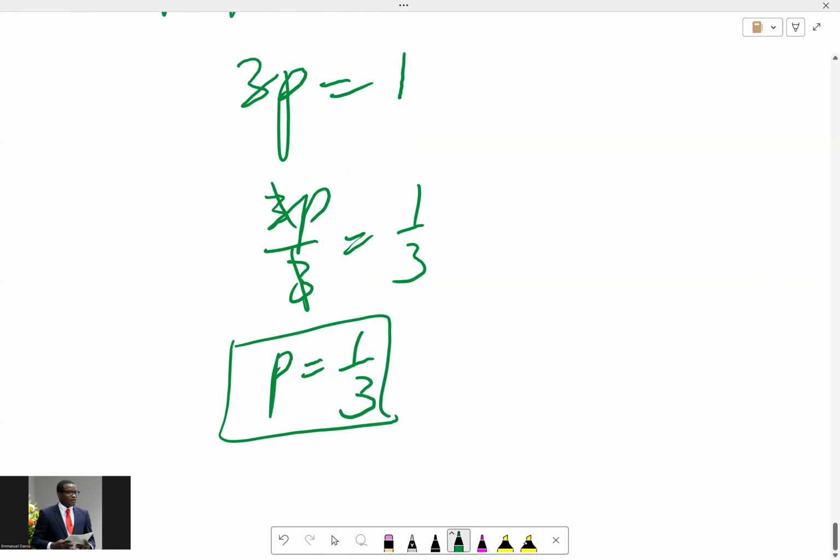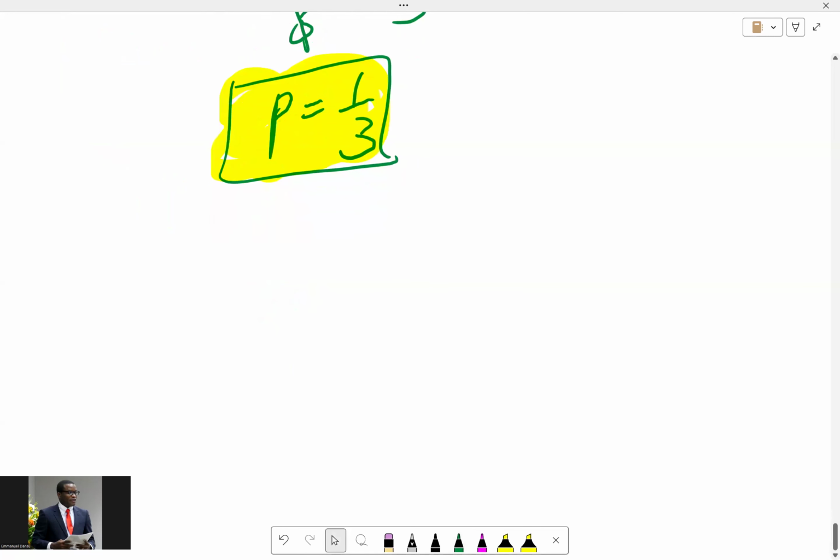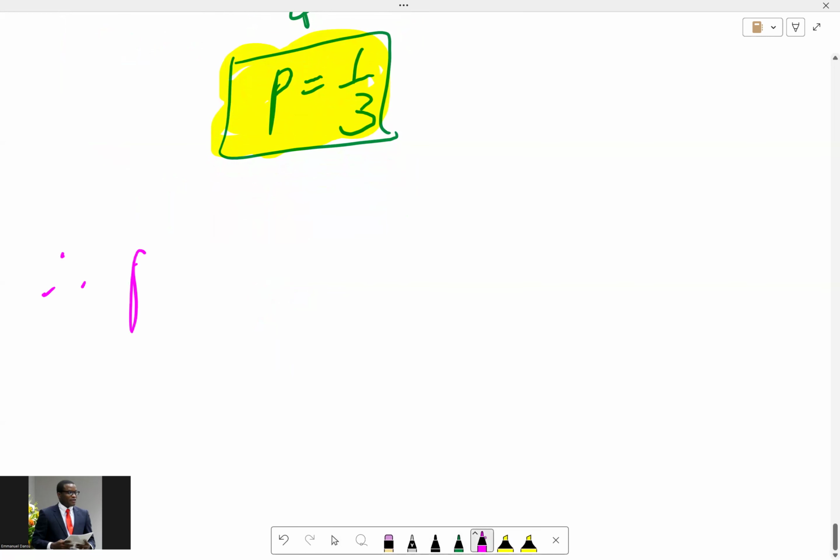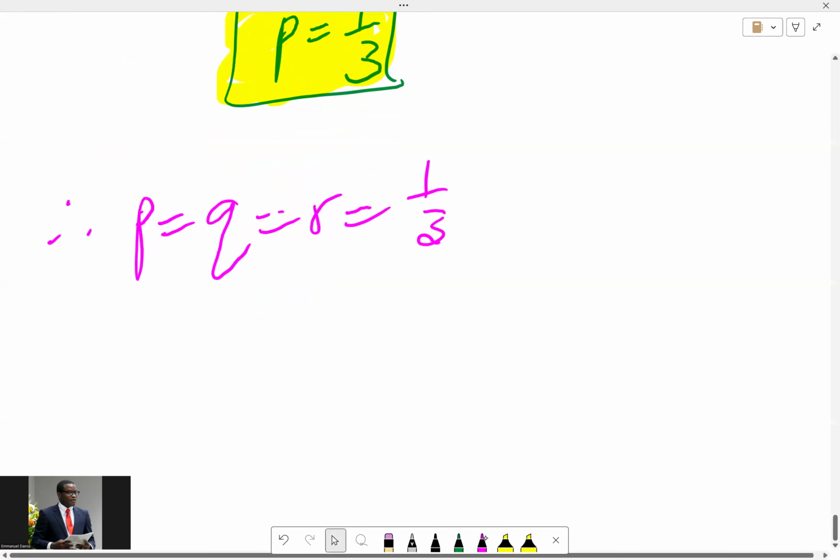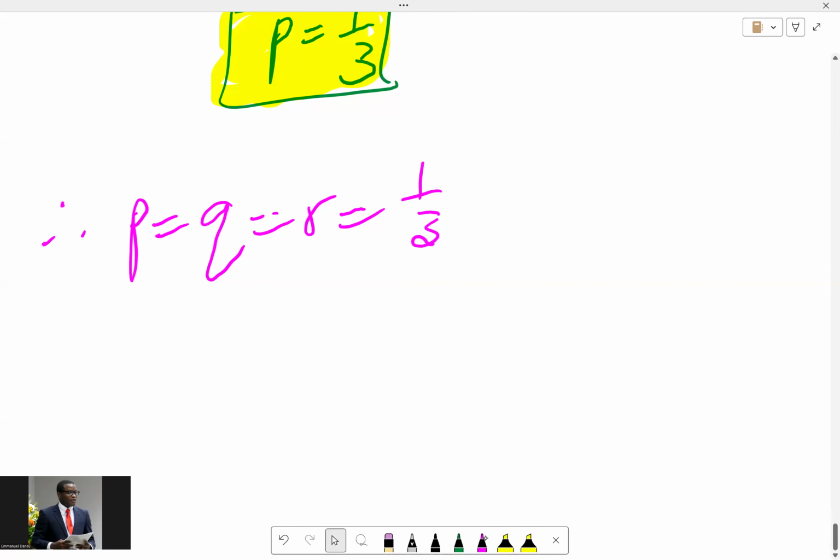All right, so this is a very important result. Since P, Q, and R are all the same, therefore P is equal to Q is equal to R is equal to 1 over 3. So those are the probabilities that we have.